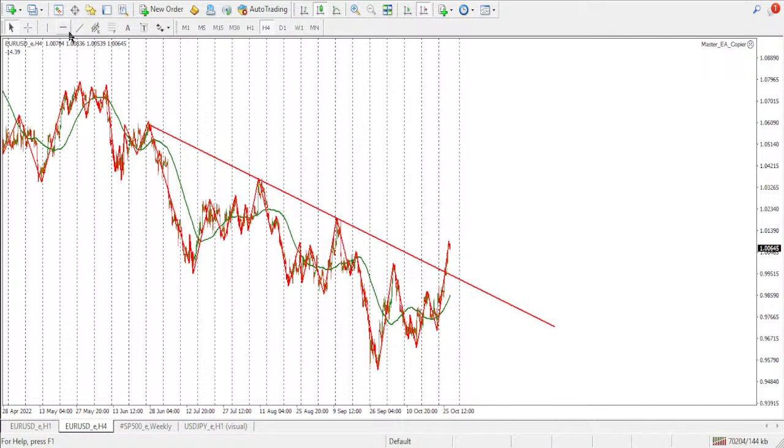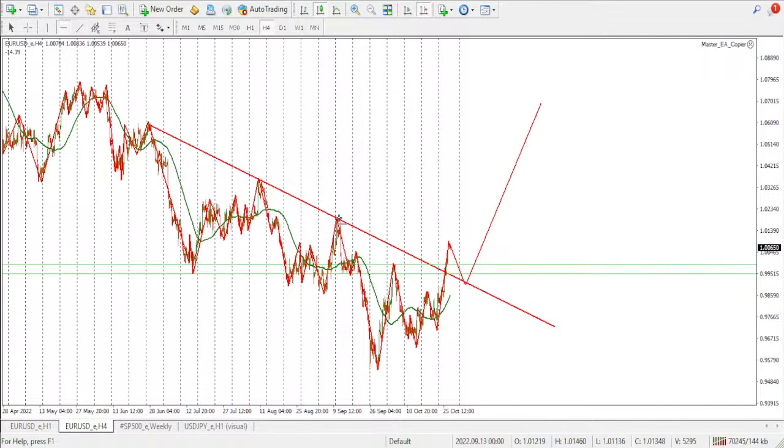So technically, as the price is now, this is a very good uptrend. We are now looking for buy positions. We do expect a pullback at least up to this level here. Expect the buyers to push price upwards.